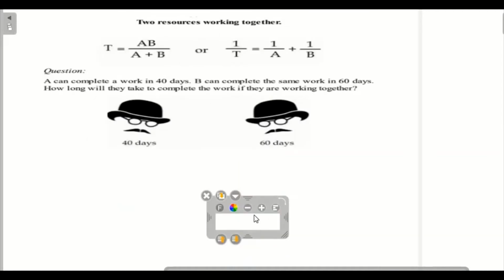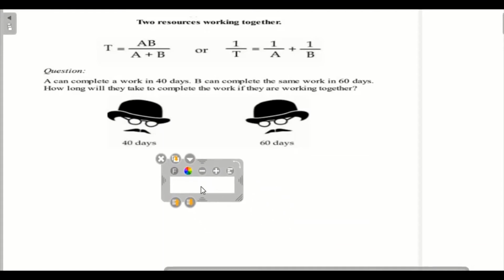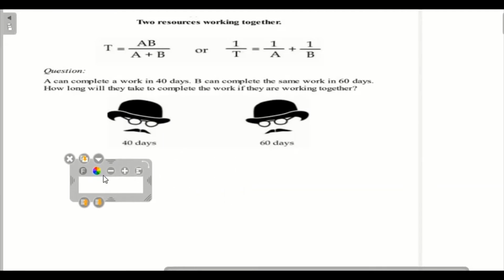We are going with two people working together. Here we have the question: A can complete a work in 40 days, B can complete the work in 60 days. How long will it take to complete the work if they work together? So A has the capacity of completing the work in 40 days and B in 60 days.